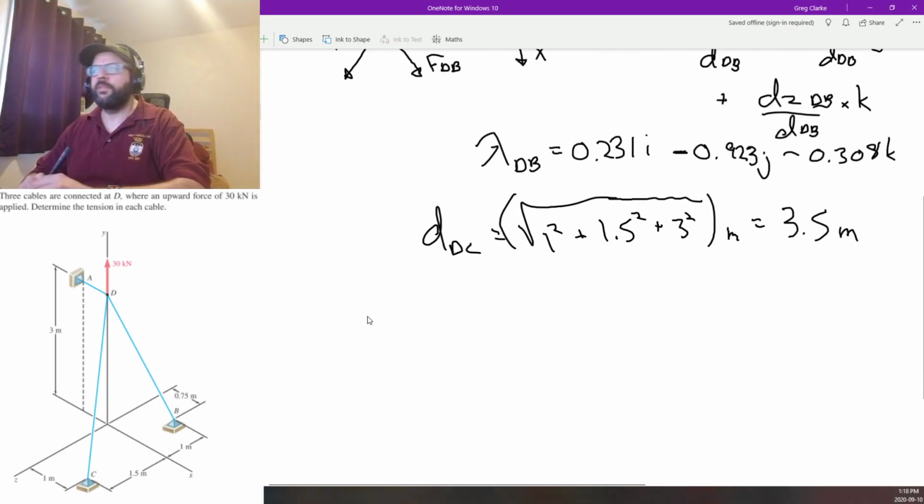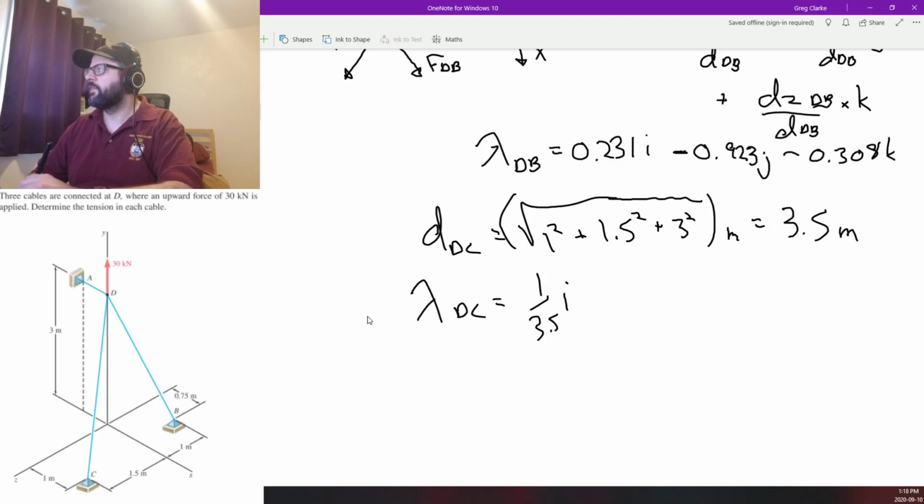So same idea for figuring out our unit vector. That's DC going to be equal to 1 over 3.5 I, again meters over meters cancels out, plus for the y component, again negative 3 over 3.5, and then this time for our z component, the displacement is in this direction. That's in the positive z direction.